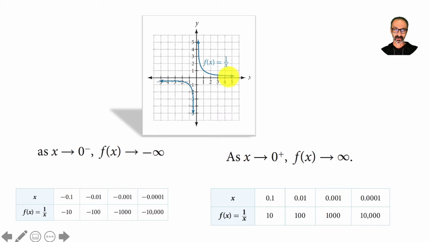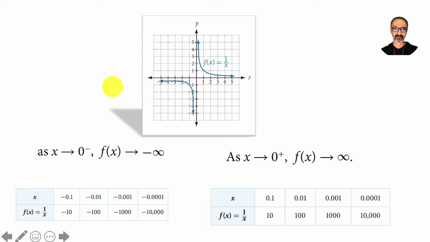Once you plug in 4, that's 1/4, then 1/3, then 1/2. As you can see, 1/2 is greater than 1/4. Then 1 over 1, which is 1. If you plug in half, 1 over half is like 1 times 2 over 1. When you change division to multiplication, you flip the fraction, which is 2.